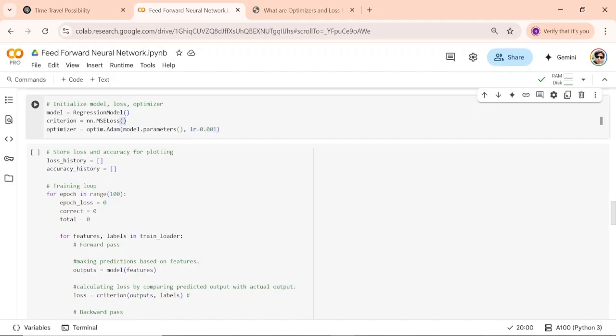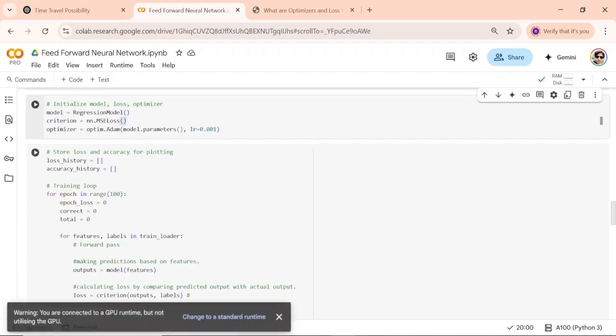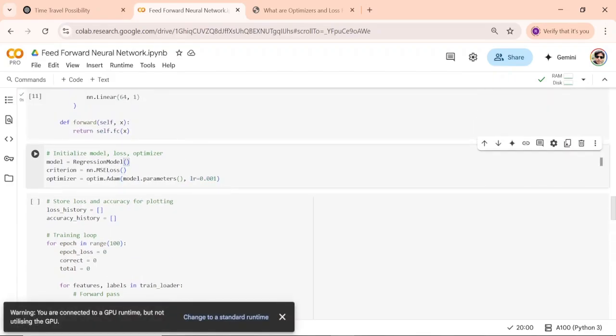It should be relatively slow. A slower learning rate means the model is taking slower steps to learn. If this is high, the model will take jumping steps, and it may lose some learning in that case as well. So this is the learning rate that I have defined here. I'm executing this as well.